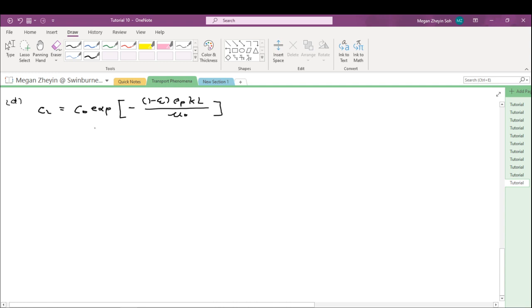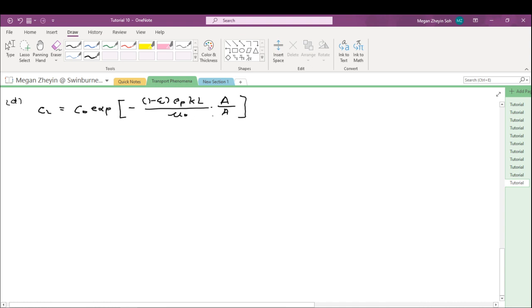And we multiply it by A over A, from equation 3, which means we multiply it by 1.